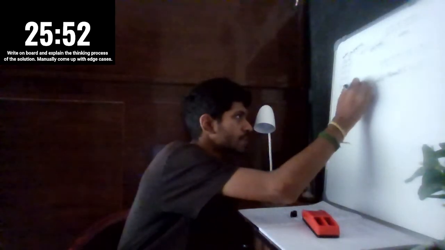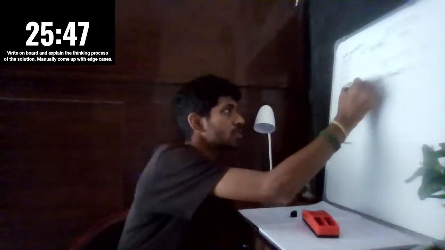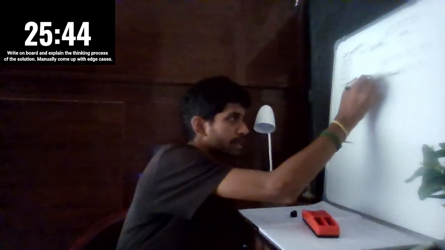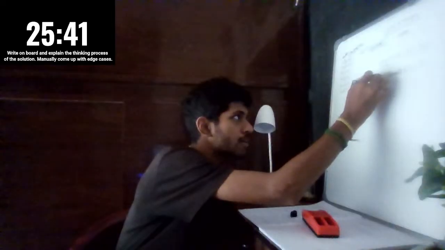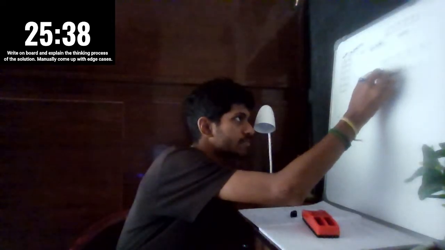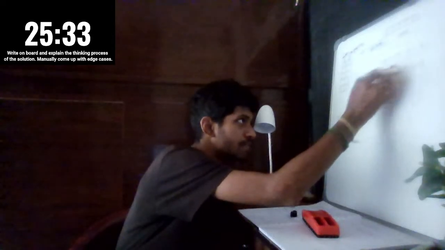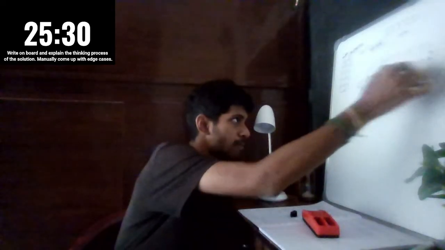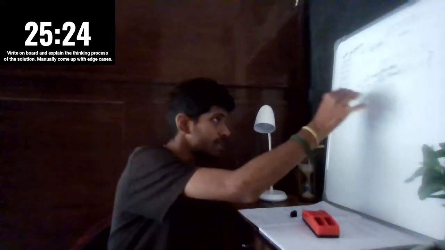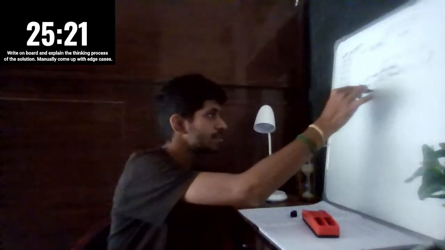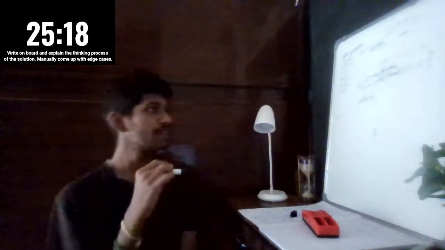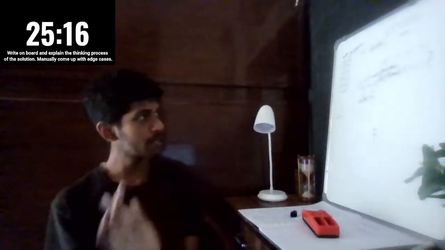We can put an if statement, and if it does not contain the key, so not operator map dot contains key, which means if it does not exist, then map dot put if absent i comma 1. Else, if it exists, then we have to update its value.